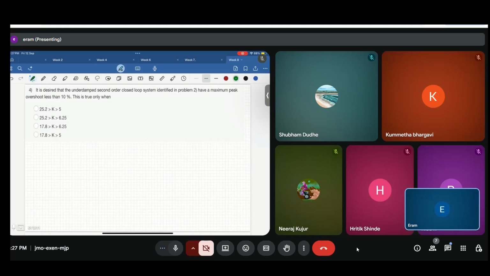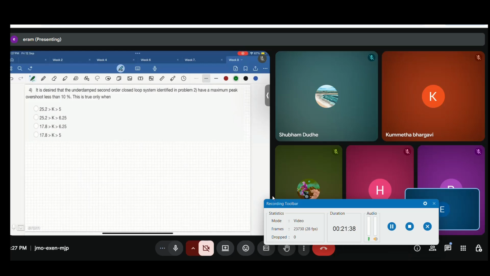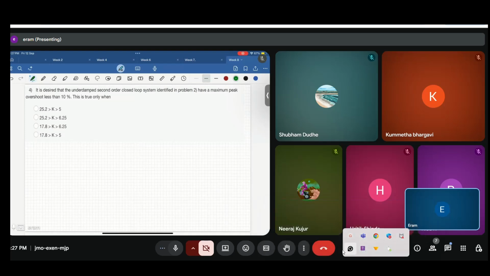Identify the range of K. Okay, let's see.